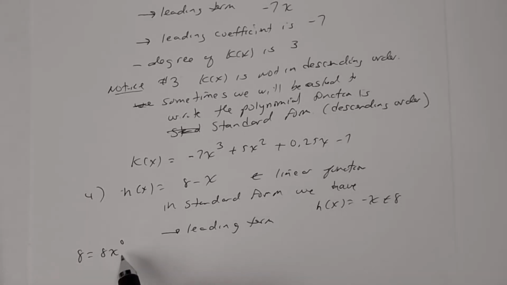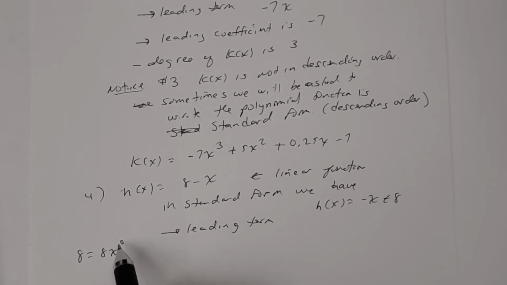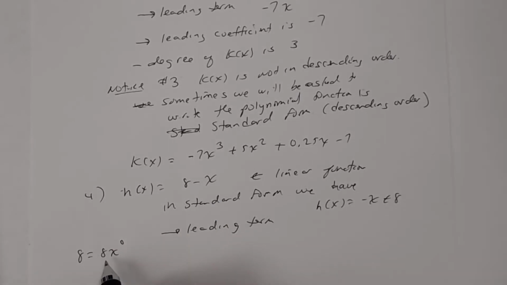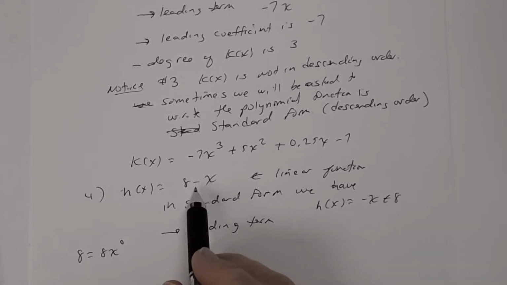Because you can always write a constant as 8 times a variable raised to the 0 power. Your exponent is 0. That's what I mean by that, okay? So be careful. Yes, 8 is 8 to the first power. All right, but in terms of a polynomial term, your constant can always be written as 8 times x to the 0 power. All right, so your leading term is negative x.